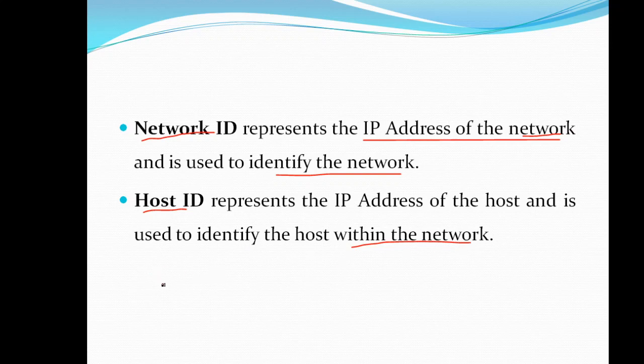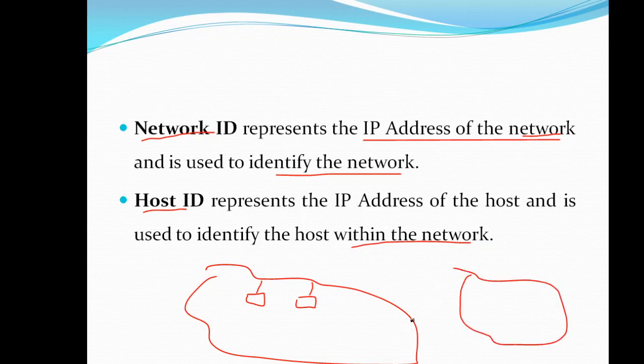For example, within a network there are many systems connected, and we can identify an individual machine with the help of the host ID. A collection of several networks connected to the internet can be identified with the help of the network ID bits.